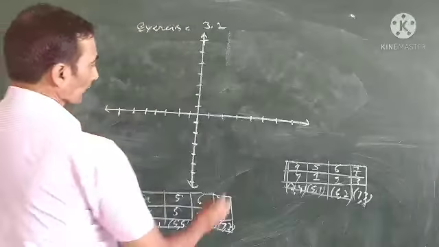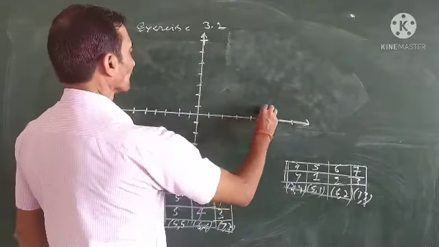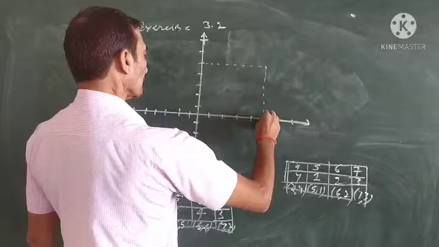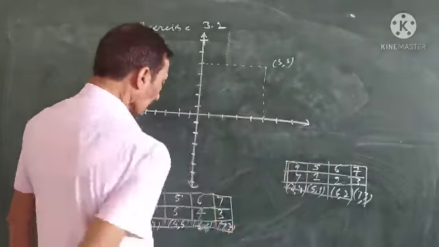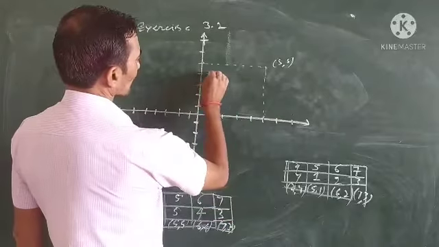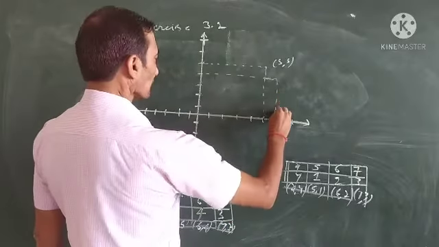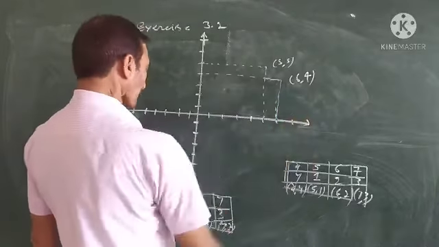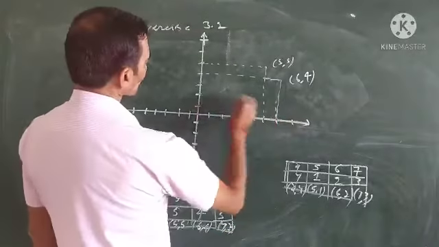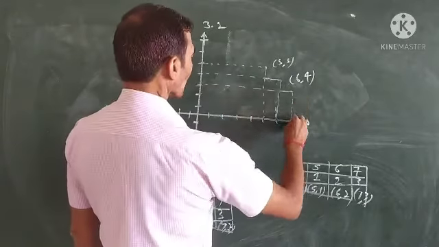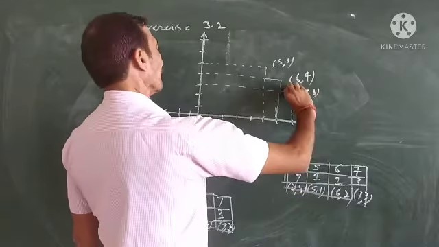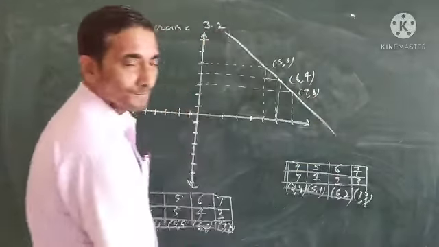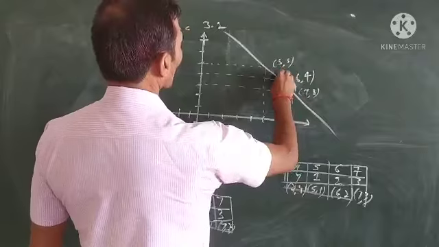According to the first data, suppose (5, 5). Second is (6, 4), which is here, by scale. Then (7, 3) is here. Join them, and name the points A, B and C.